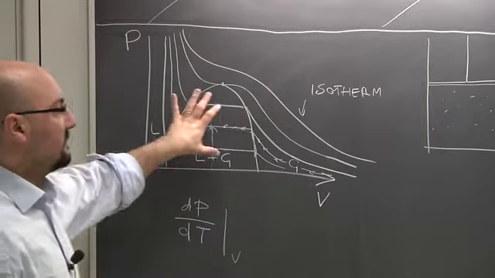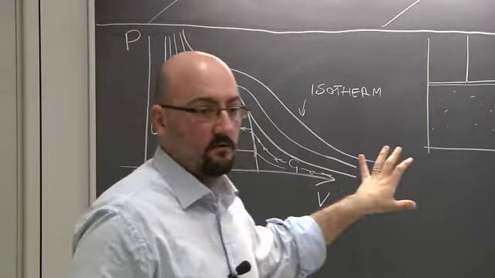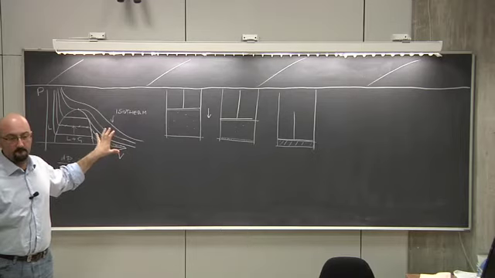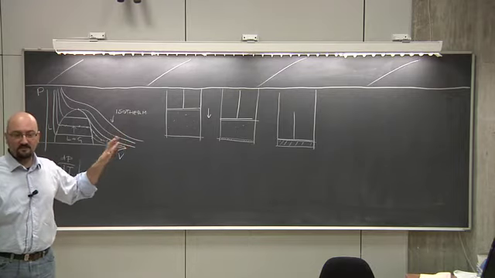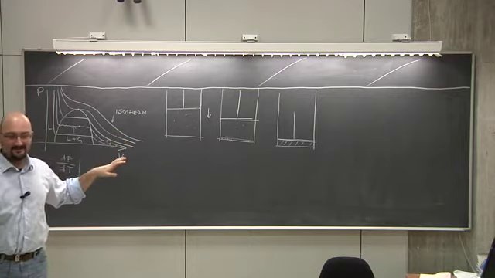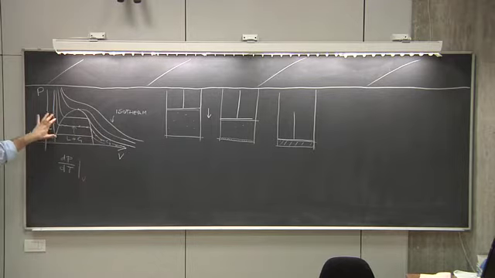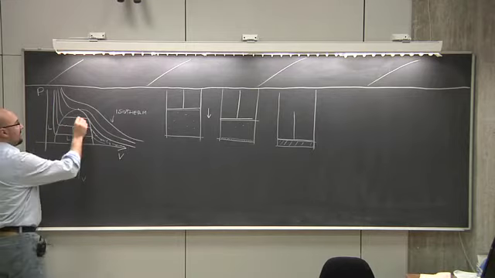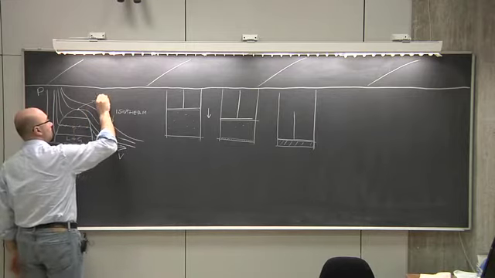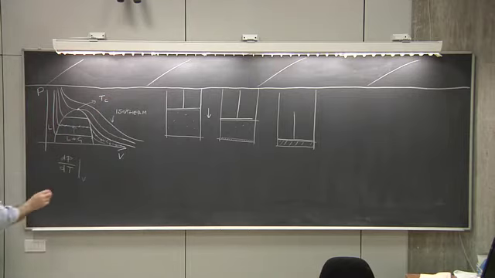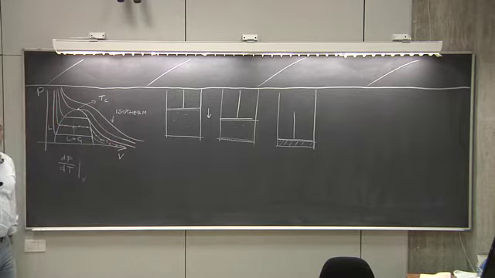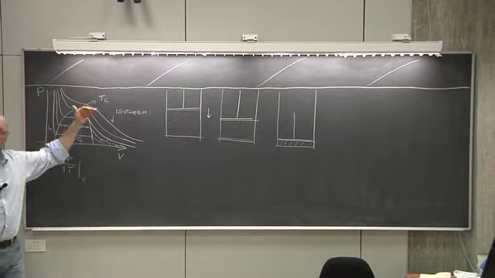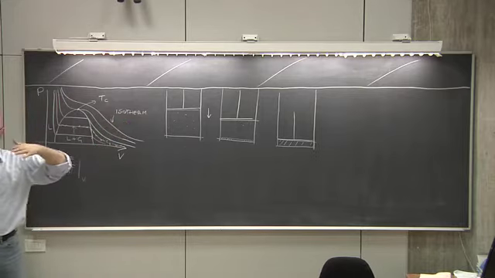Okay, so is this diagram familiar to you? Have you seen it before? Yes, no, maybe? Okay. So some of you have seen it, some of you have not. So there is a critical temperature here, which corresponds to a critical isotherm. And for temperature above this, there is no liquid-gas transition.